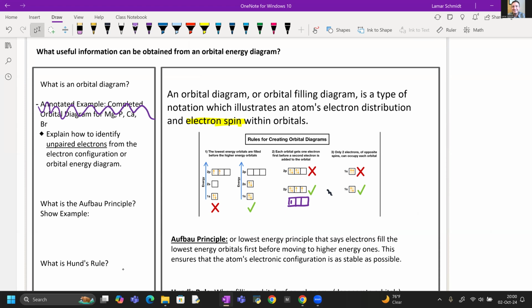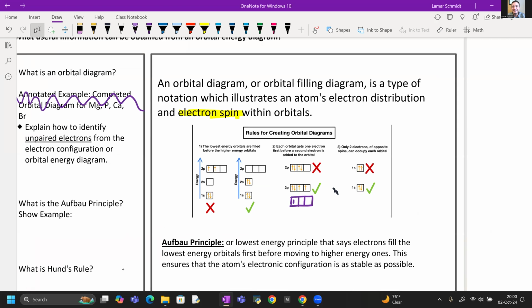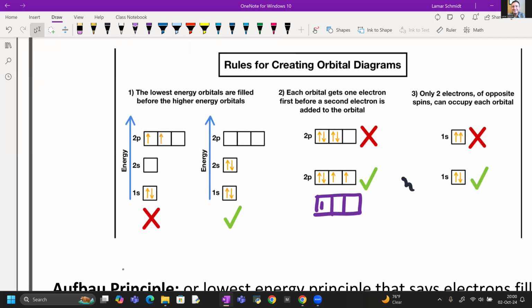The Aufbau principle, our lowest energy principle, says that electrons fill the lowest energy orbitals first before moving to higher ones. We can just use our example here. Again, this is the Aufbau principle listed right here. Lowest energy orbitals are filled first before higher ones. We notice in the anti-example, the one with the red X, that our two 1s electrons are filled.